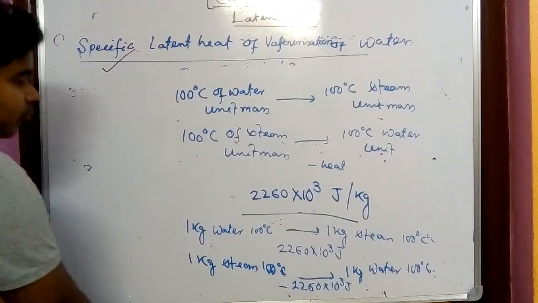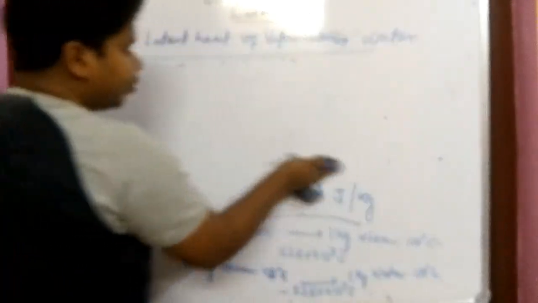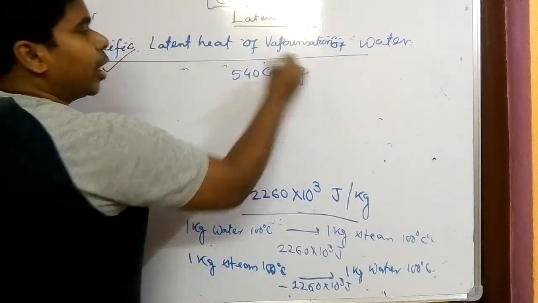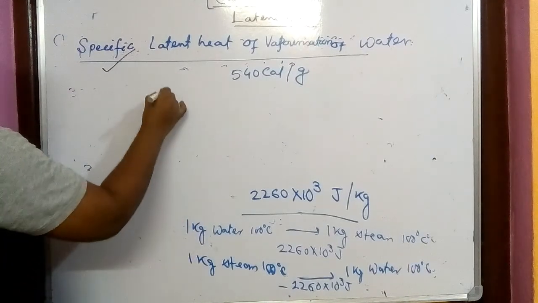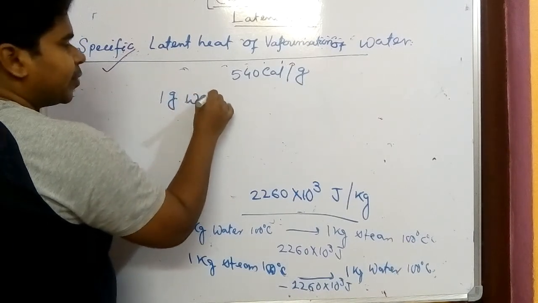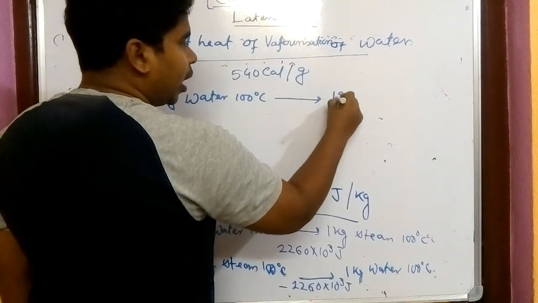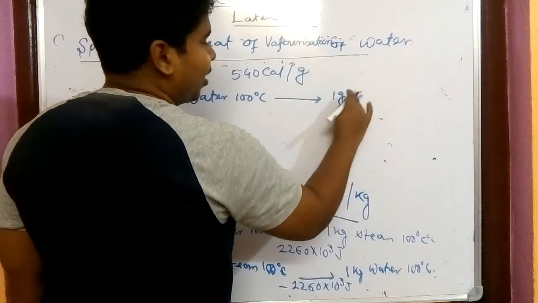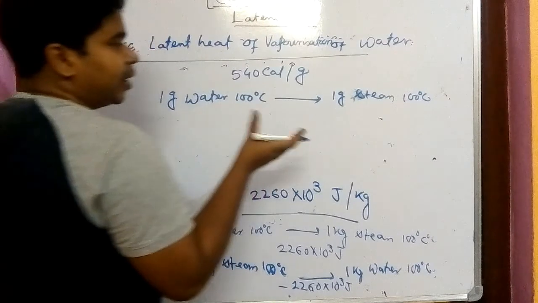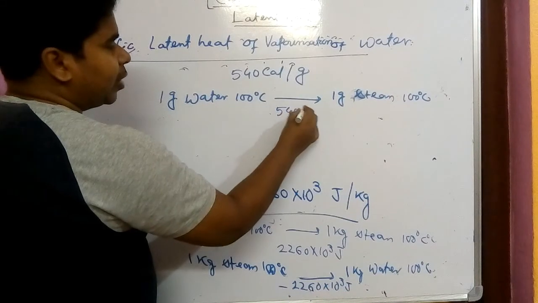Okay, if I'm going for its CGS unit, what will be the CGS unit of it? So the CGS unit is 540 calorie per gram. By that we can understand that for converting 1 gram of water at 100 degree centigrade to 1 gram of steam at 100 degree centigrade, the extra heat energy you have to supply is 540 calorie.